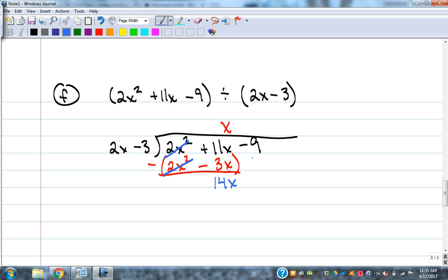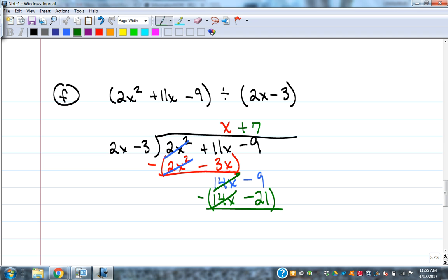14x. Then bring down the minus 9. What times 2x gets me 14x? 7. Do a plus 7. So that's 14x minus 21 that I'm subtracting.